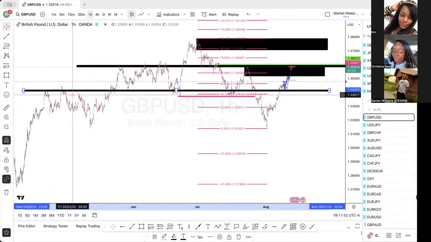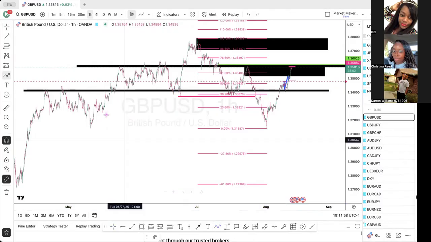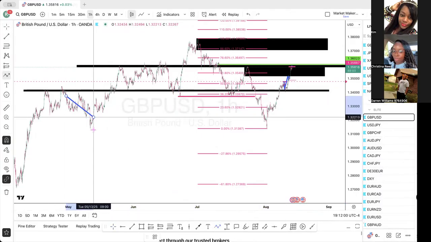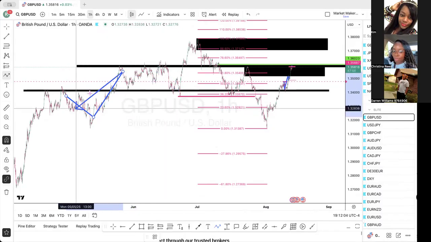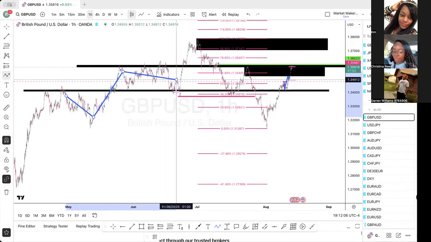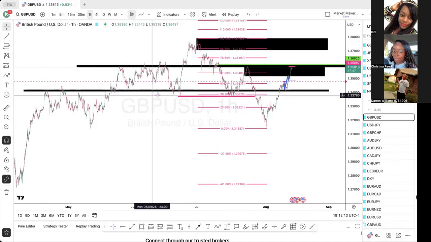I'm not sure if you've ever heard of break and retest, and that's usually what price does. It pulled back and then it broke and then it retested the zone. So where there are multiple levels of support and resistance is usually a key level that I draw up.